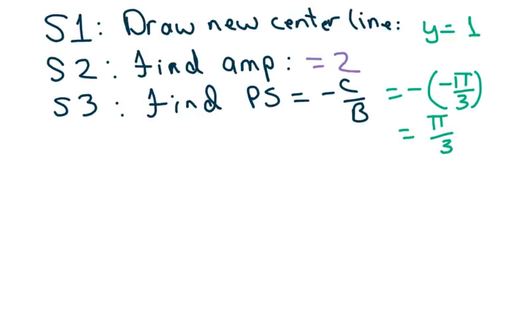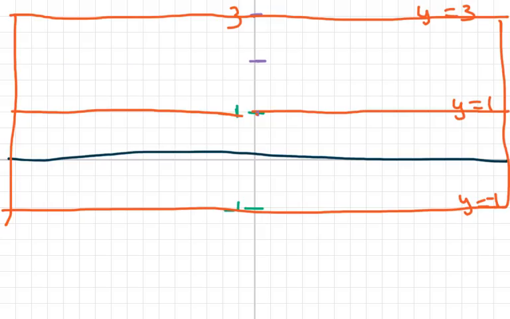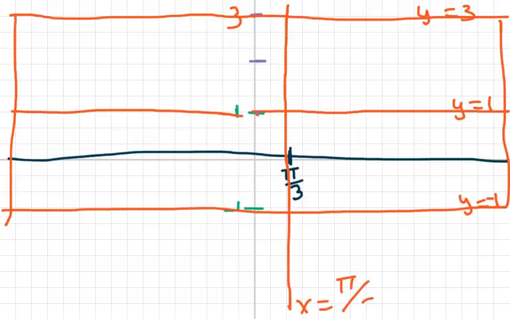I'm going to draw the line at x equals pi over 3 and mark it here. This is where I'm starting my characteristic curve. So there is x equals pi over 3.